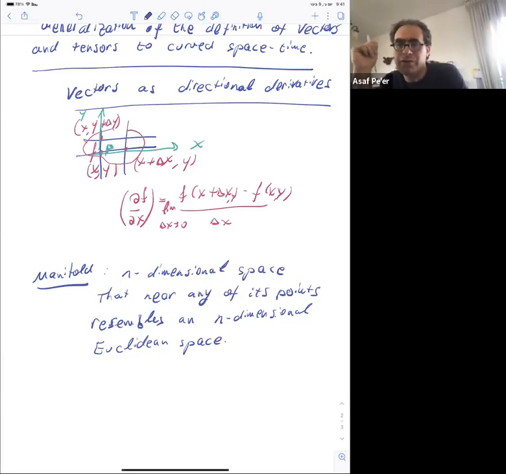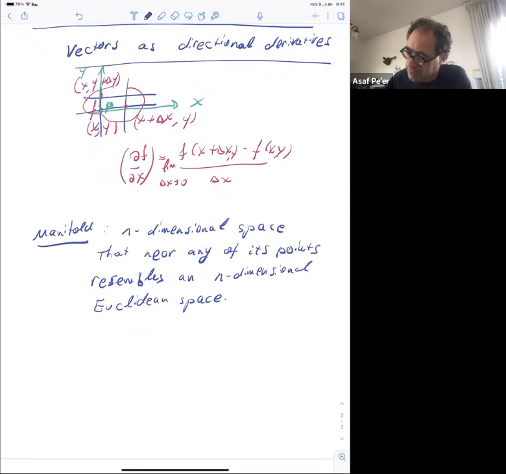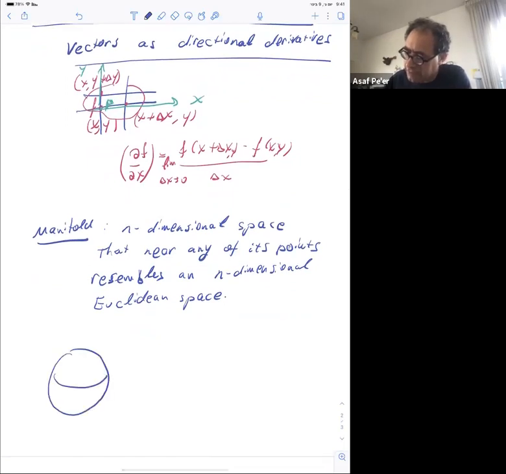So locally it is Euclidean, but globally it is not. The same as the surface of the Earth, which locally is flat, but globally it is not. So a sphere is a classical example of a manifold. It's denoted by M. So one example is a sphere, this is a manifold.